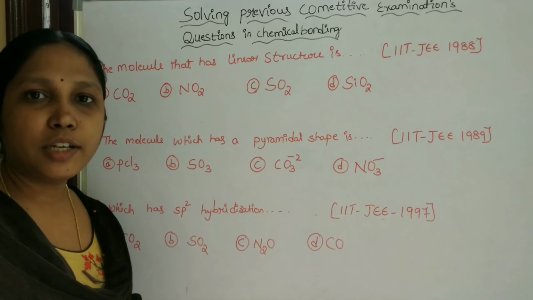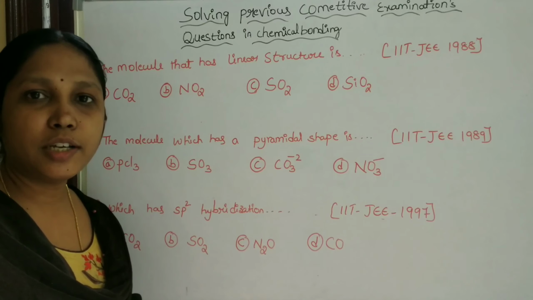See the next one, CO3 2-. Carbon belongs to which group? 4th group. So it has 4 valence electrons, but the ion carries a charge of minus 2, so add 2 electrons to the central atom, making 6 electrons. Here 3 oxygen atoms surround it.